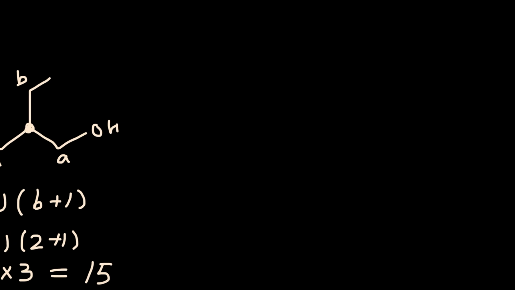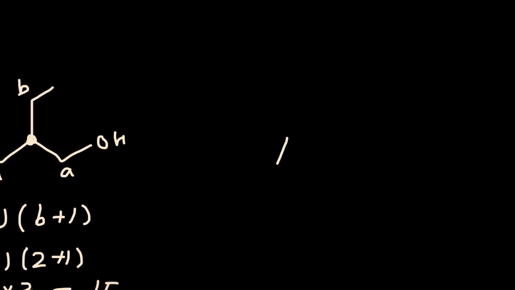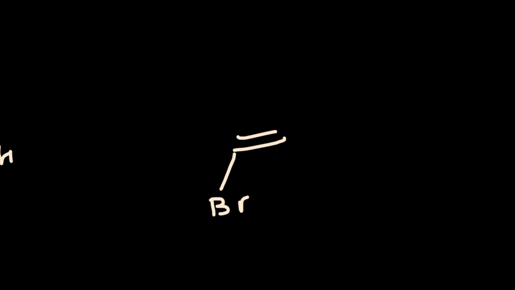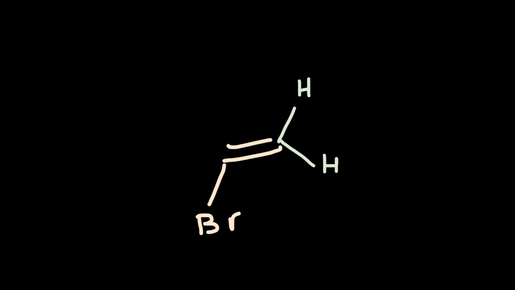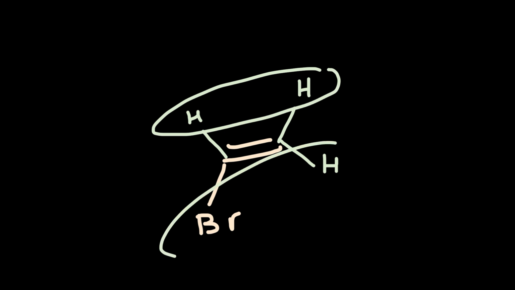Now let's try more complex examples involving alkenes. Alkenes and chiral molecules, you gotta be especially aware, because we have the case of diastereotopic protons. So diastereotopic protons are non-equivalent to each other. The fact that they're non-equivalent is because this is cis to H and this is cis to Br.